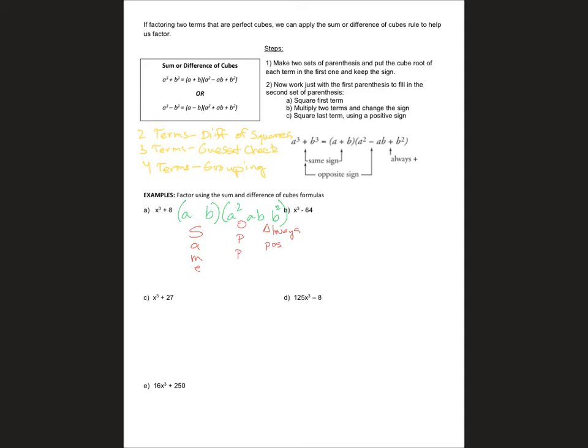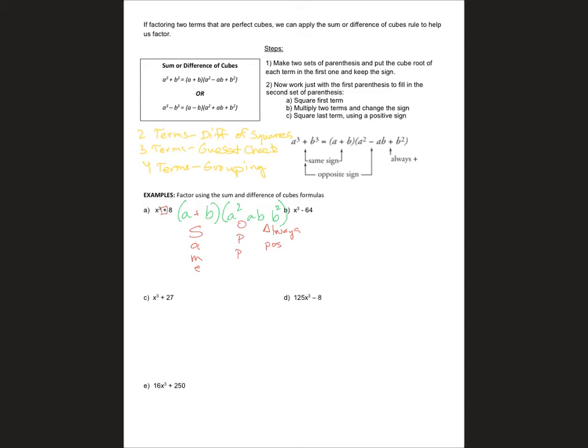In this particular example, letter A, we are left with x to the third plus 8. Both of those are perfect cubes. So in this particular sum and difference rule, we know that the first factor of my two factors has the same sign as what I start with. So in this case, there would be a plus here. Does that make sense? Because in this particular case, we started with a plus, so we have the same sign.